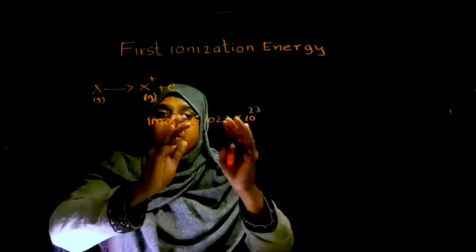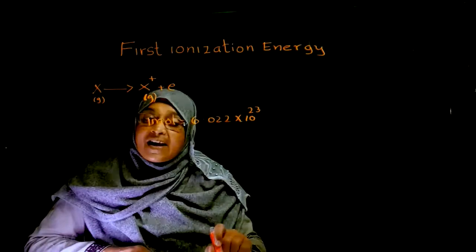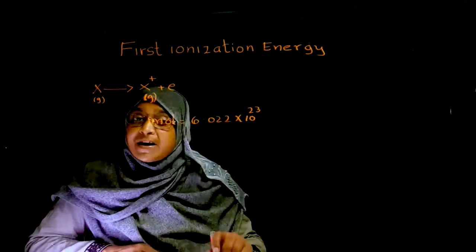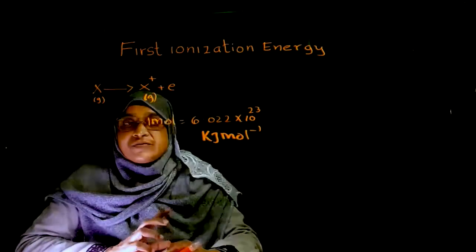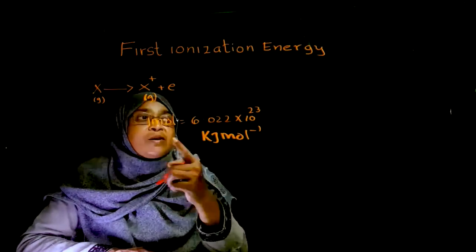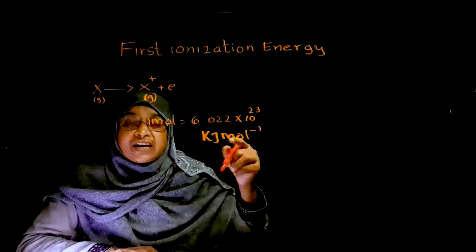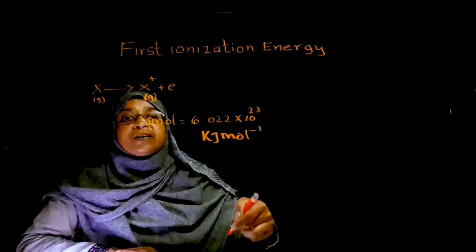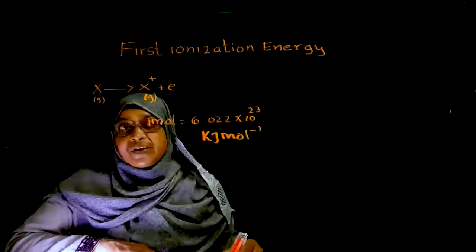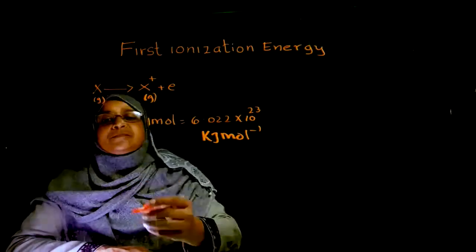So the value of first ionization energy of an element is given in kilojoule mole minus 1. How the first ionization energy varies from left to right along the period, and how it varies down the group, we have to know the factors it depends on.